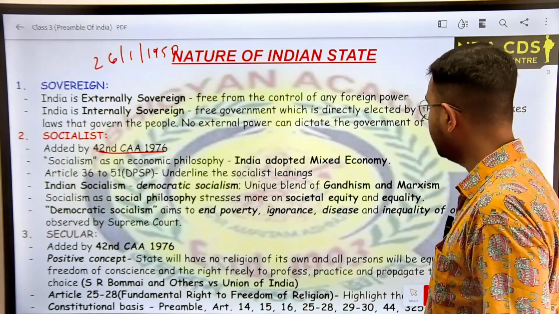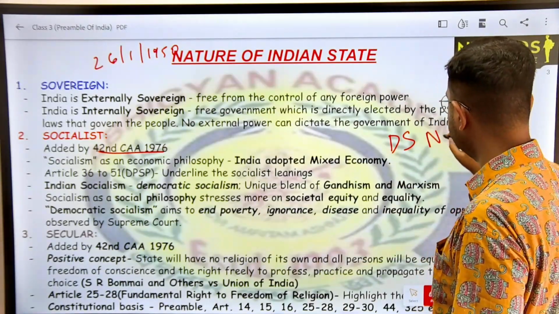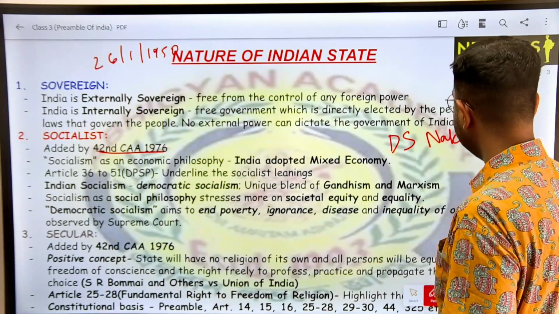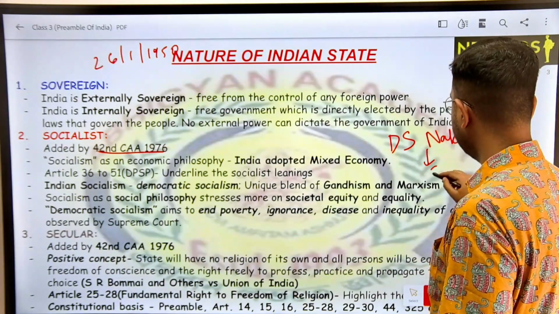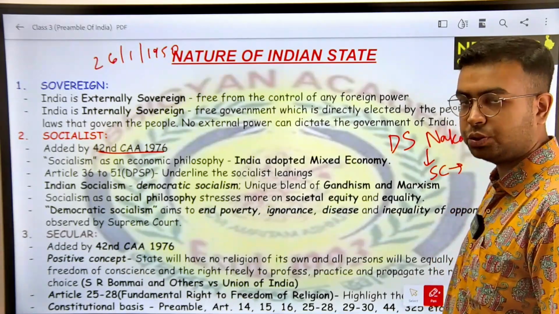The Supreme Court has made it clear in the DS Nakara case that we don't follow any communism or Marxist socialism.